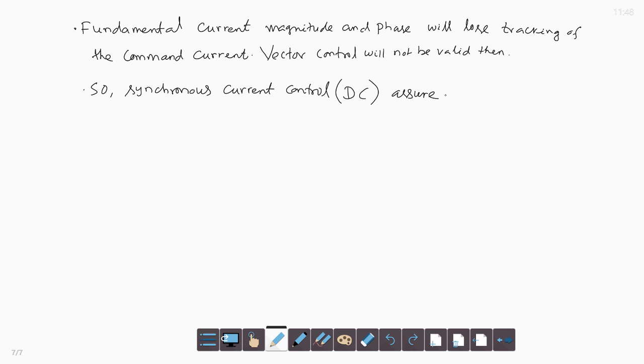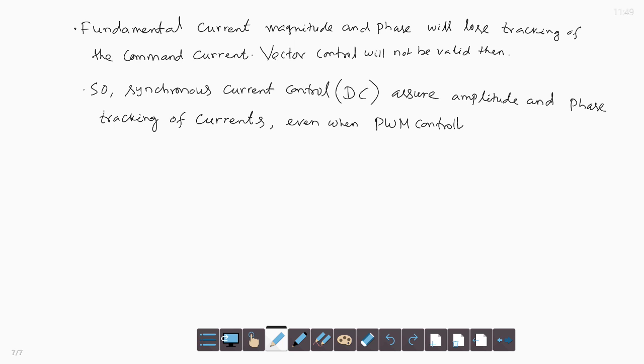So, when synchronous frame current control is used, the synchronous current control assures amplitude and phase tracking of currents even when the PWM controller goes to overmodulation range.